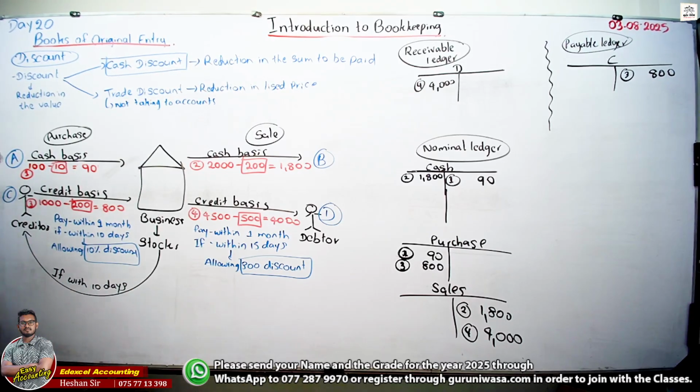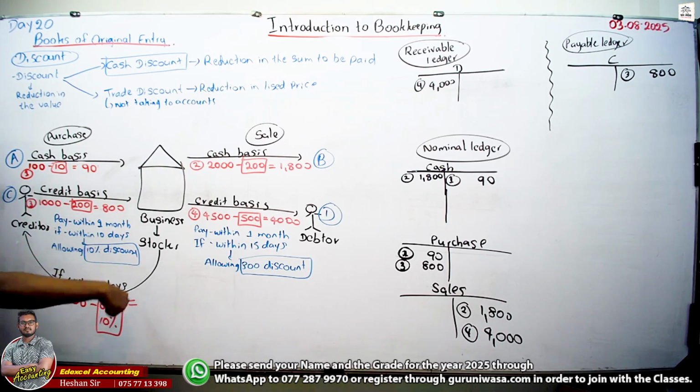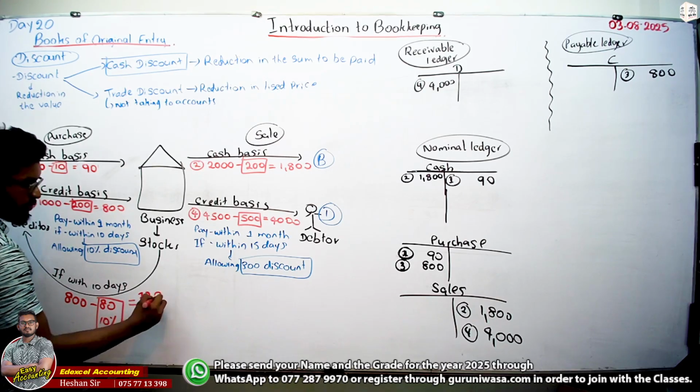I want to pay this 800 minus 10%, which means minus 80, so we receive a 10% cash discount. Is it clear? Send me a thumbs up. So we only need to pay after deducting the cash discount, which means 720.